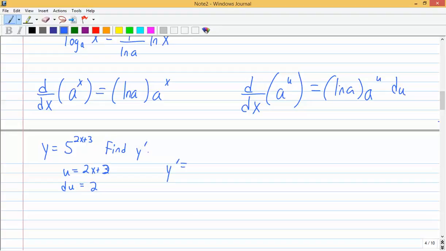So it's the natural log of the base, so the natural log of 5, that's a constant, times 5 to the 2x plus 3 power times the du. And so the best way to write this now would be 2 natural log of 5 times 5 to the 2x plus 3 power.